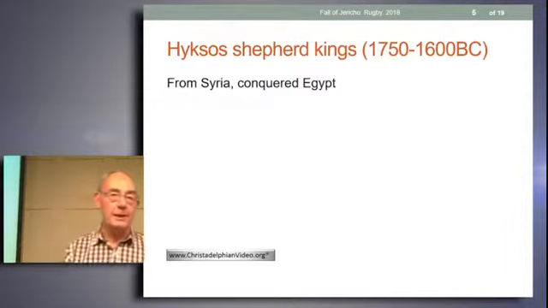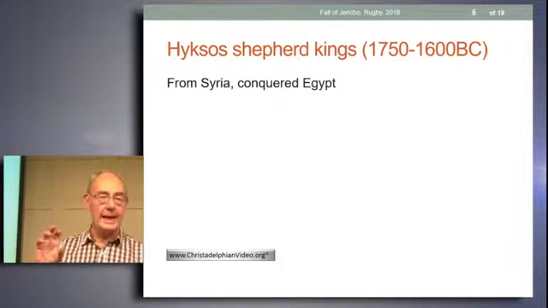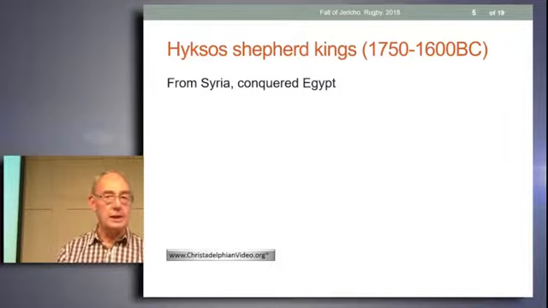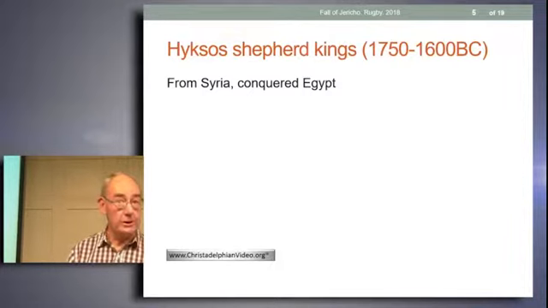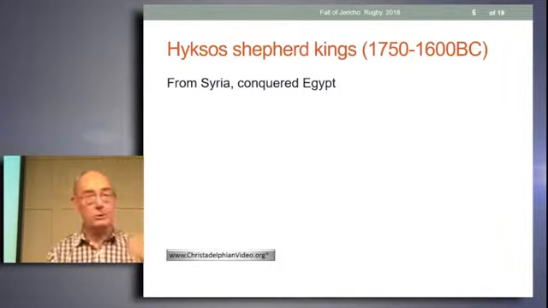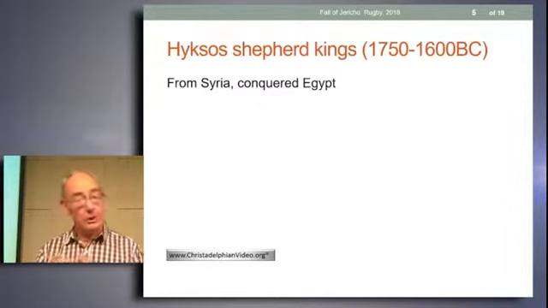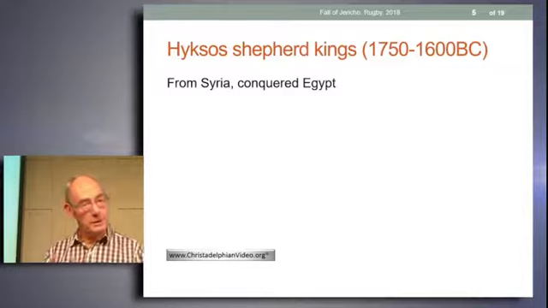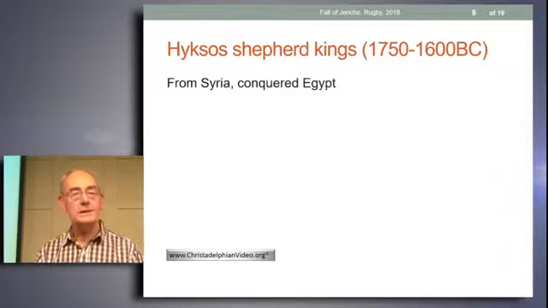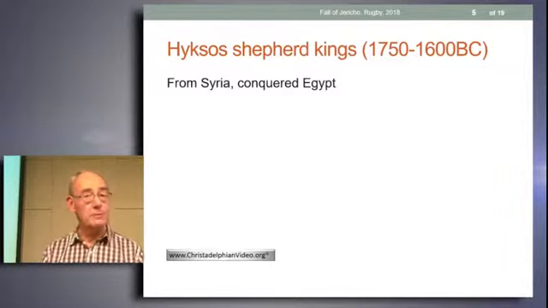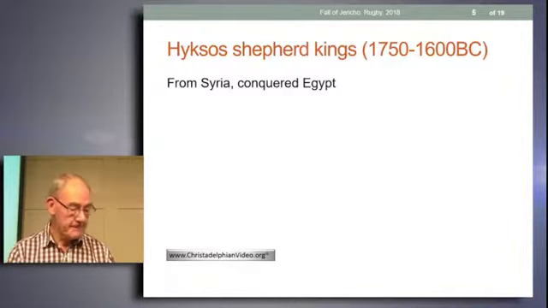Remember when Joseph's family moved into the land, he says, every shepherd is an abomination in the sight of the Egyptian. Well, why was it? It was because they'd been invaded by shepherd kings. So the Egyptians themselves were not shepherds, but the Hyksos rulers at that time were, and we can understand how sympathetic they were to Joseph and his family.